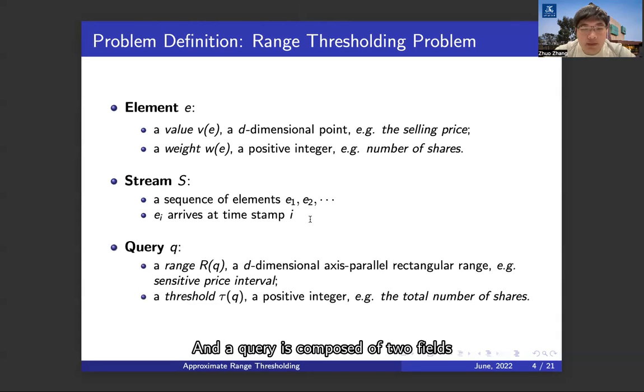And the query is composed of two fields, the range and the threshold. The range in our one-dimensional example is the interval of the sensitive price. And for multi-dimensional cases, the interval will become a d-dimensional axis-parallel rectangular range. And the total number of shares will act as the threshold, which is a positive integer.